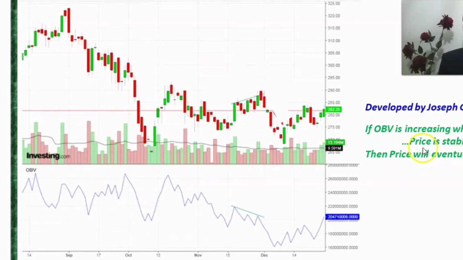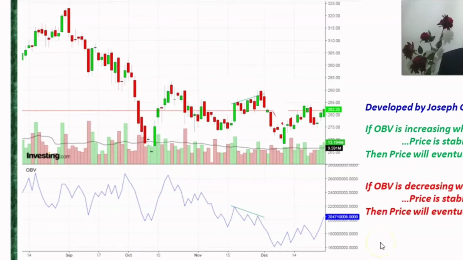He says when the price is stable or going downwards, if at that time the OBV is increasing, then eventually the price will also go up. Alright, if OBV is going up when the price is stable or the price is going down, then eventually the price will also go up.